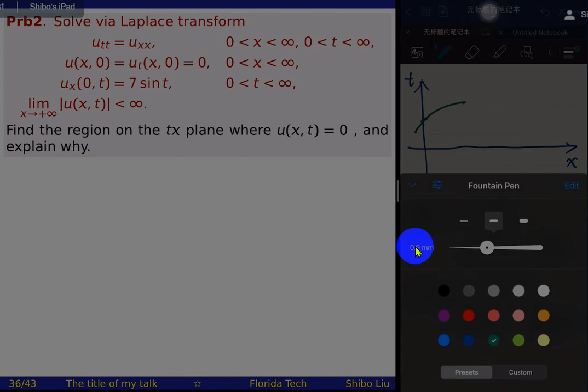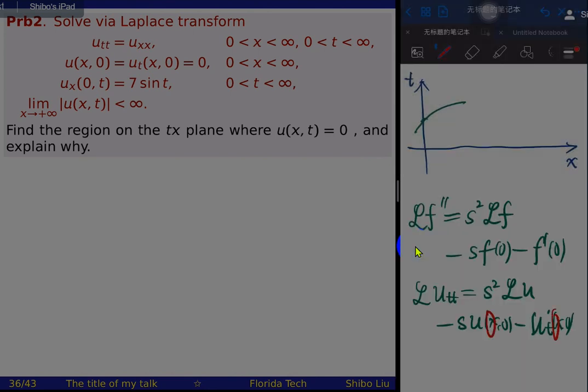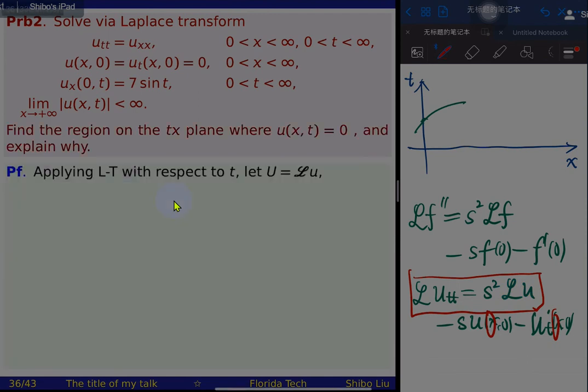But by the initial condition, both of these are 0. So the Laplace transform of u_tt is simply s squared times the Laplace transform of u. We denote by capital U the Laplace transform of our solution u, then the left-hand side of the equation becomes s squared capital U.